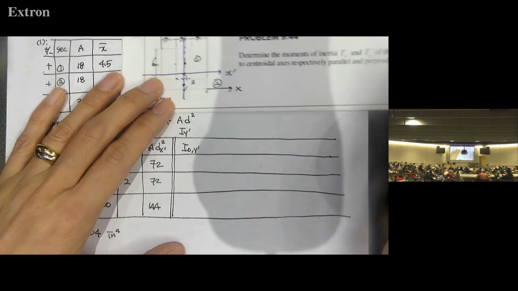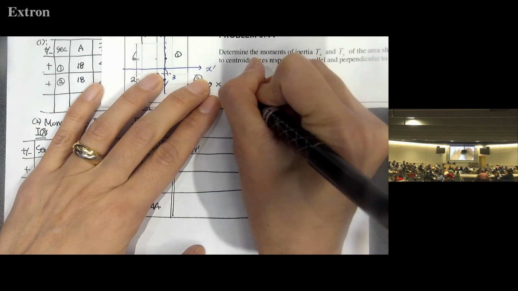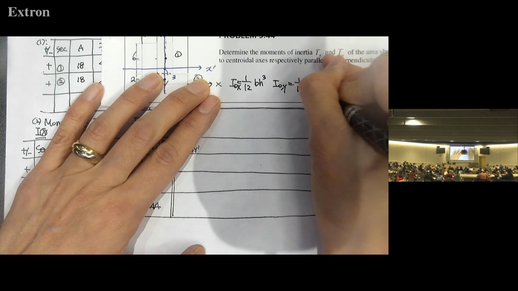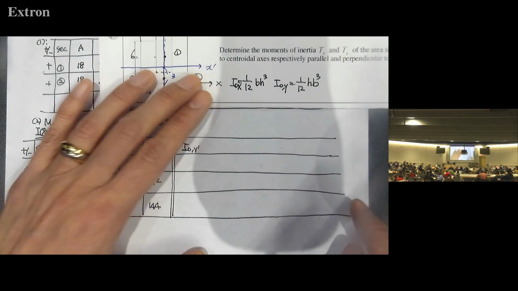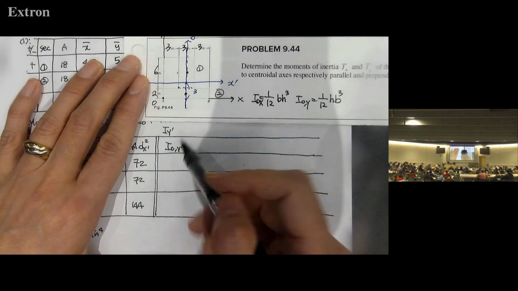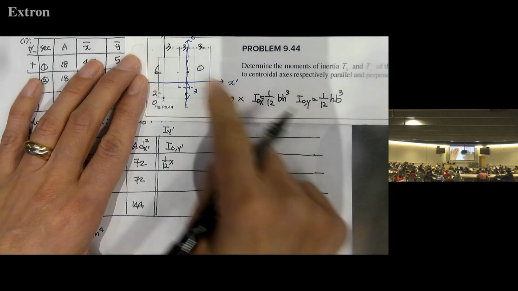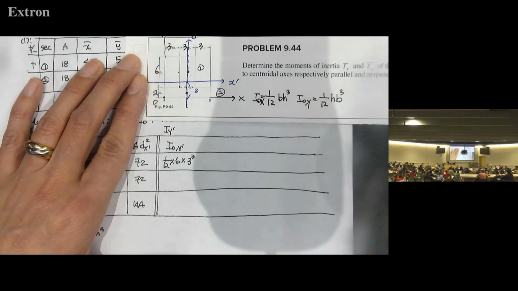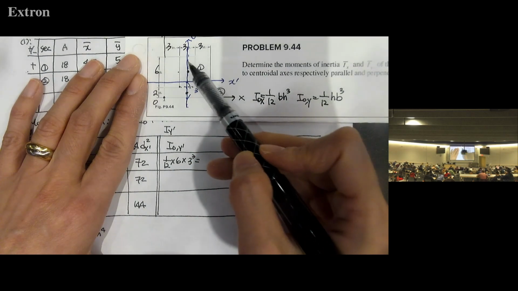Instead of 1 over 12 b h cubed, if this is I0x, I0y should be 1 over 12 h b cubed. So we are switching these two. Then, what is the first I0? 1 over 12, h 6, b 3 cubed. So I just switch these two.